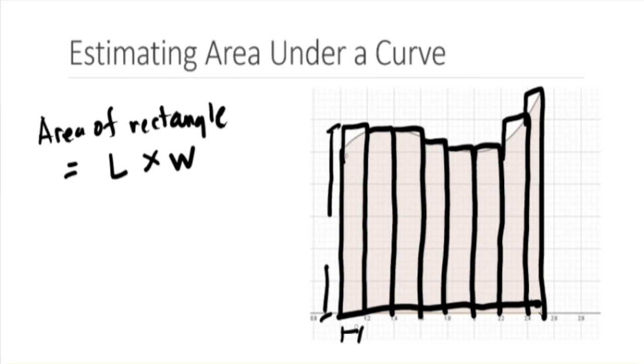Pero ano ba tong measure na to? Since this is a function of x, this height here is simply f of x. So, depende na lang siya sa x value na to.